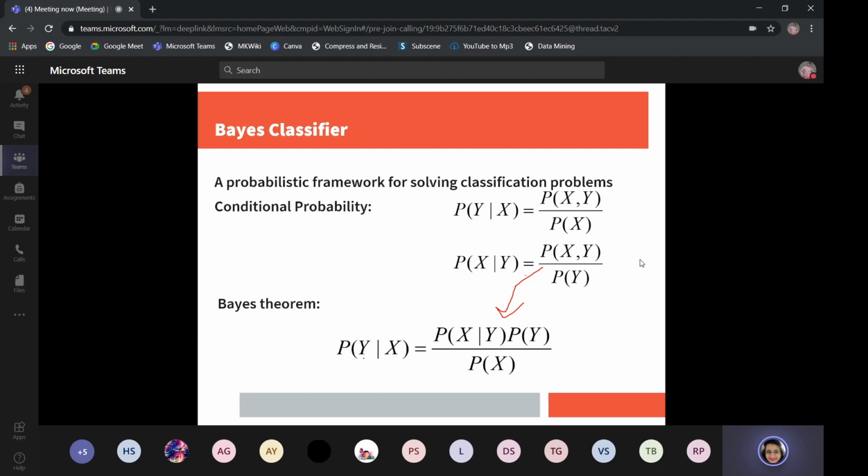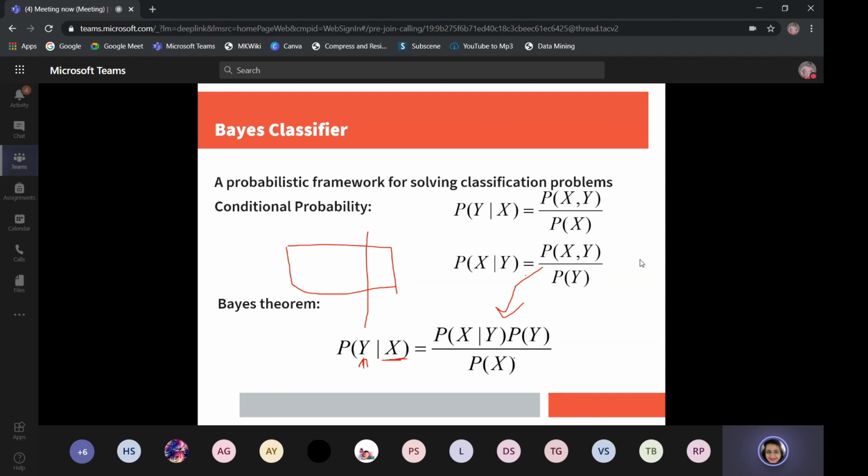To compute whether a particular record belongs to this class, given the information you already have in attributes, you have to find from the existing data set the probability that, given a combination of attributes, the class is Y, multiplied by the total probability of that class, divided by the prior probability of X.